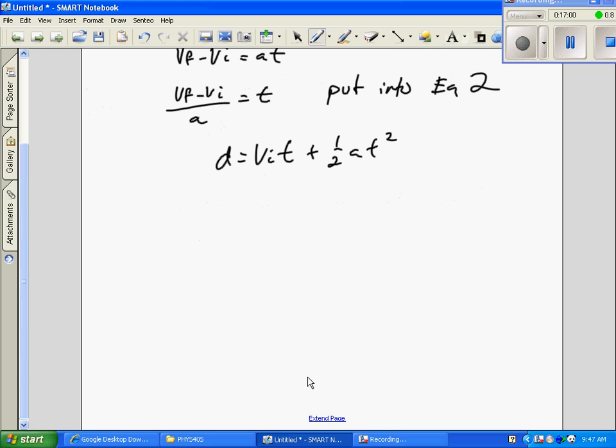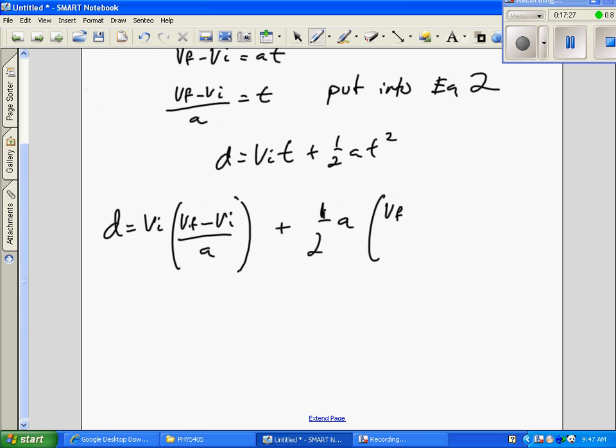D equals Vi times t, which is Vf minus Vi all over A, plus 1/2 A times t squared. And t is Vf minus Vi all over A squared.